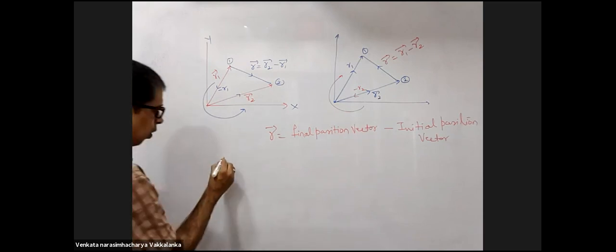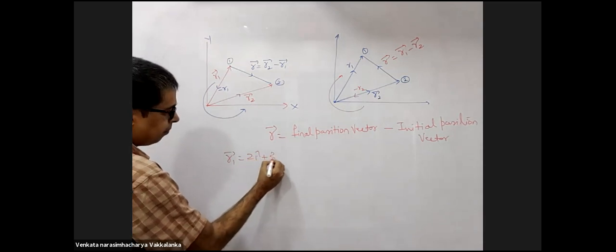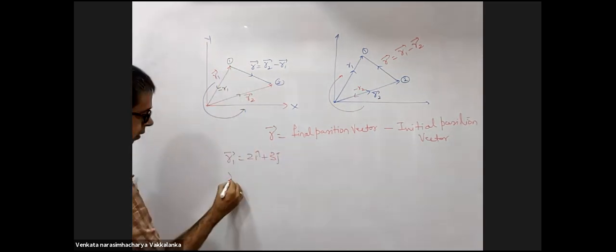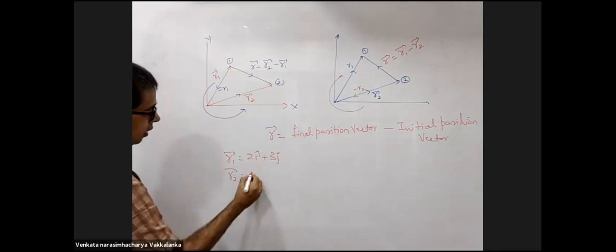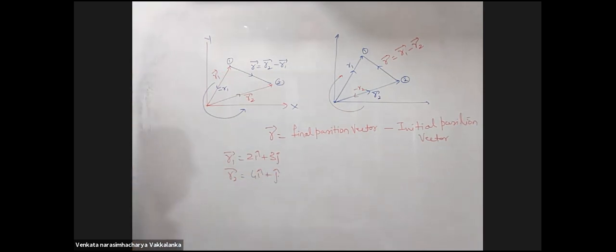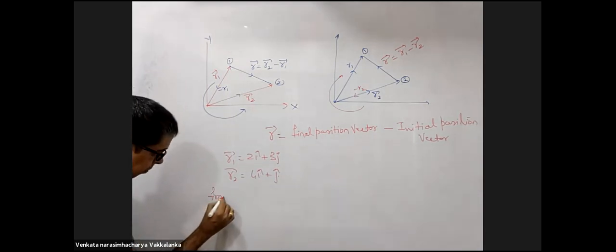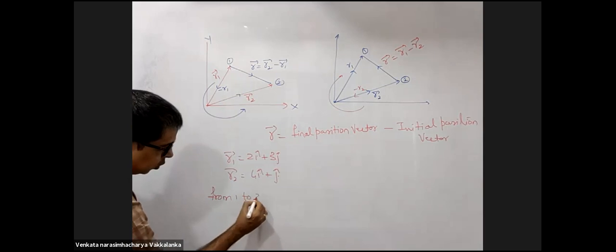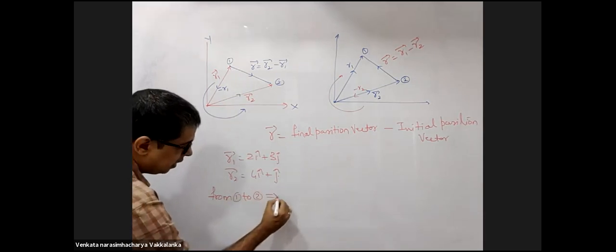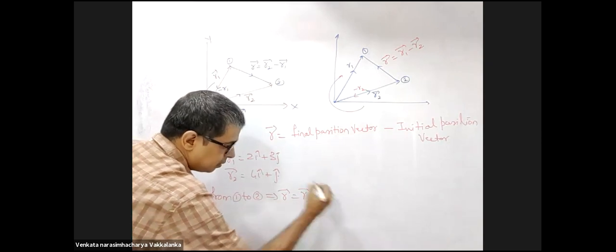Now I give you R1 as 2i cap plus 3j cap. R2 is 4i cap plus j cap. If I am going from 1 to 2, it will be R2 minus R1.